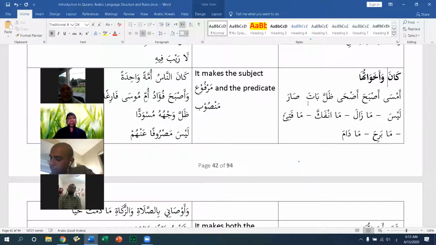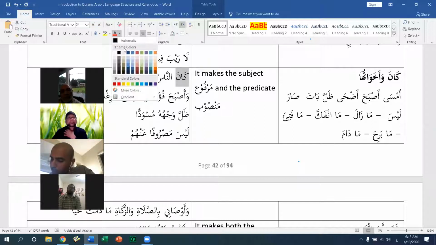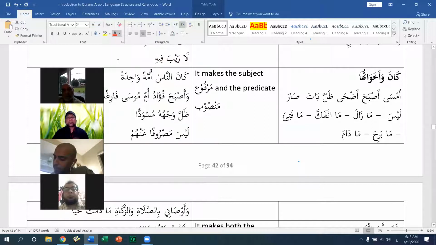So if we were to say an-nasu ummatun wahidatun, so let's imagine kana is not there, right? So I gray out kana.